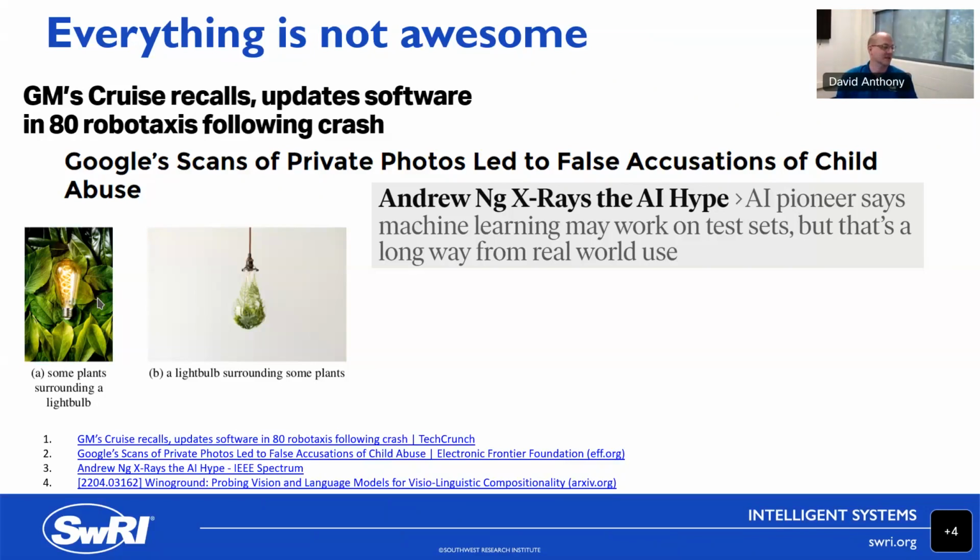So they said, show me a picture of some plants surrounding a light bulb. And you got this nice picture on the left of a light bulb somehow floating in a bunch of plants. And then they said, well, show me a light bulb surrounding some plants. And the generator then produced a light bulb containing a miniature terrarium full of plants. So we've still got a ways to go.